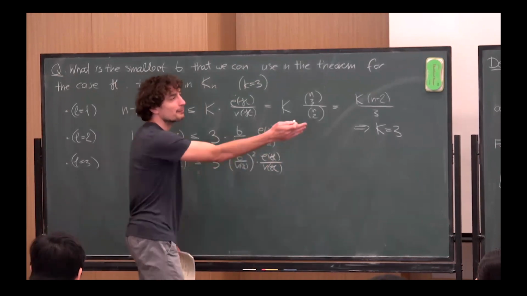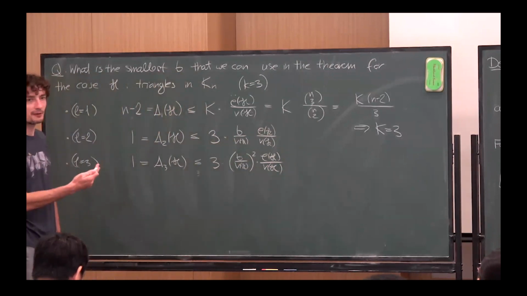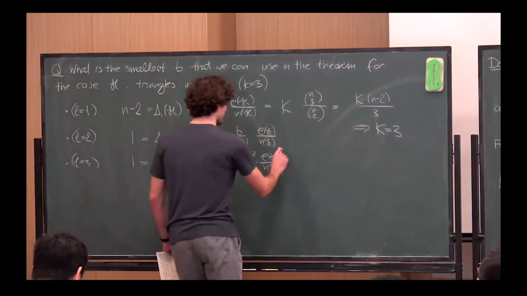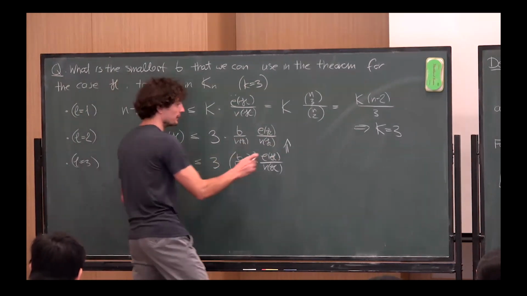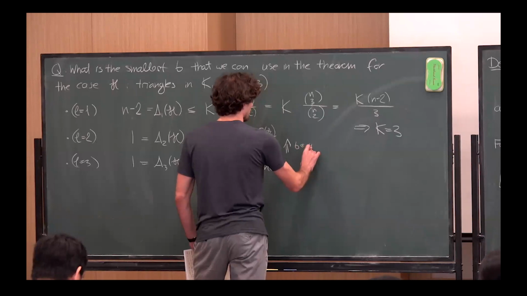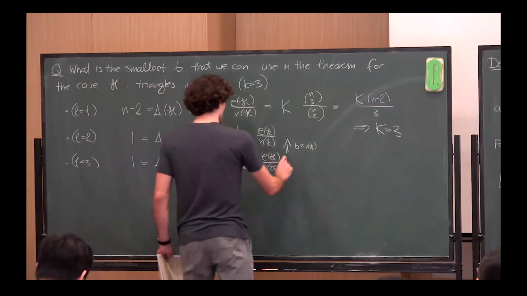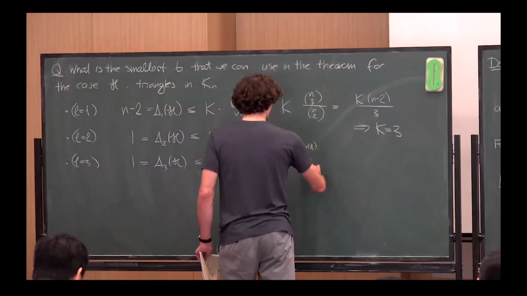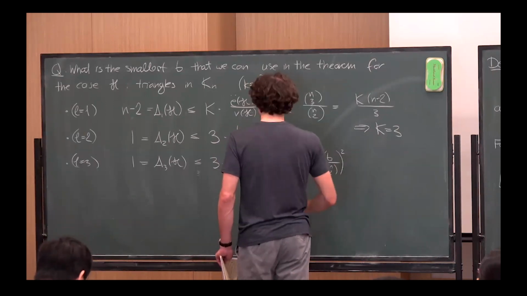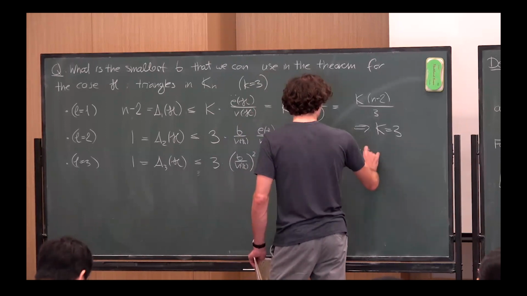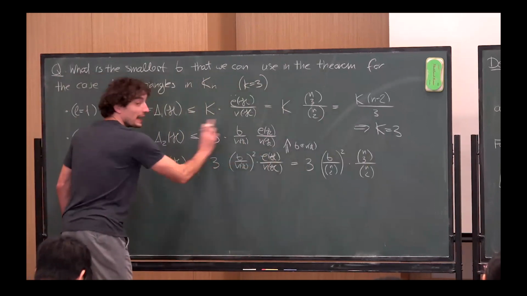If we take b to be the number of vertices, then the statement there is trivial because we can just label every independent set with itself and we don't get anything useful. So this inequality will imply this inequality because b will be much smaller than the number of vertices. And so this I will write as 3 times b divided by n choose 2 squared times n choose 3 divided by n choose 2. So as you see, this gives a lower bound on b.